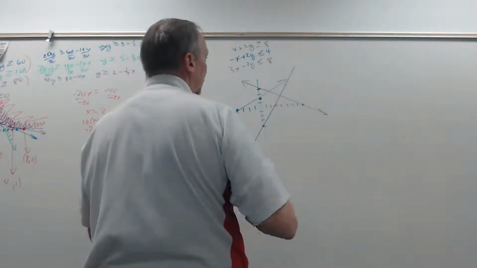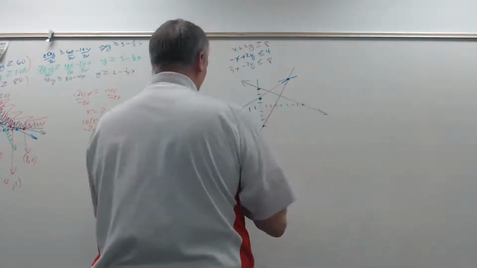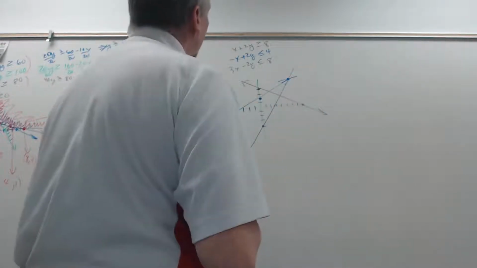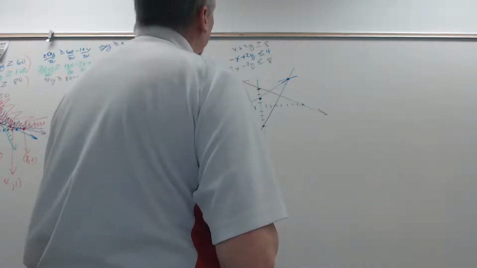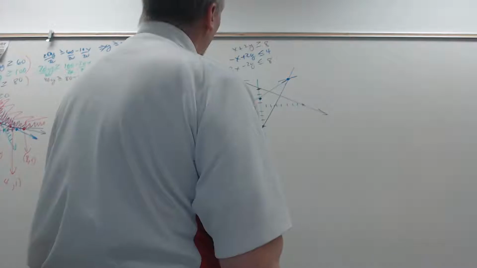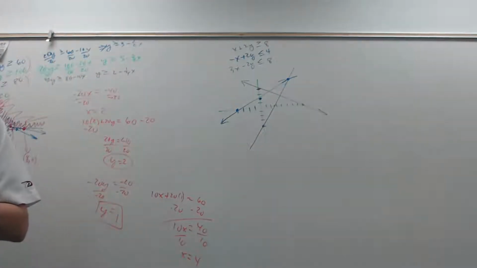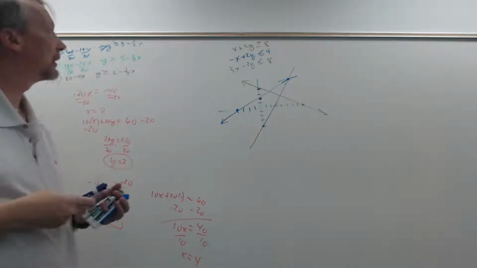All right, so that's going to cross here. Now the question is, I think it's easier to write these as y equals so that you know what to shade.